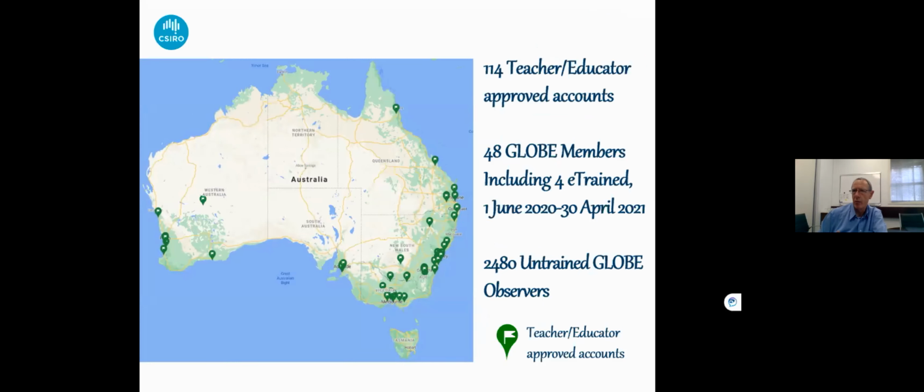And we've got just over people using the Globe Observer app now in Australia. This gives you some indication of the spread of the teachers and educators, so pretty well spread. Not much in the middle of the country, but there's not much in the middle of Australia anyway, so you wouldn't expect much.